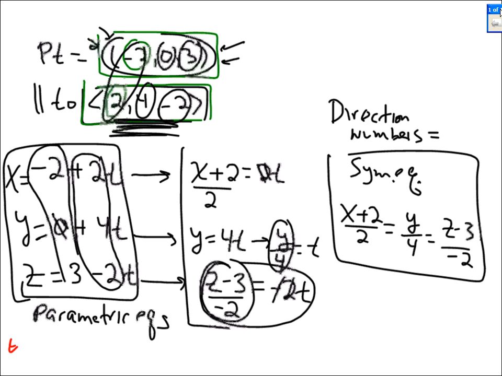They're like the slopes. It's these numbers that t is being multiplied by. In fact, it's these numbers over here as well. The direction numbers are 2, 4, negative 2. Direction numbers are like the slopes in 2 dimensions.